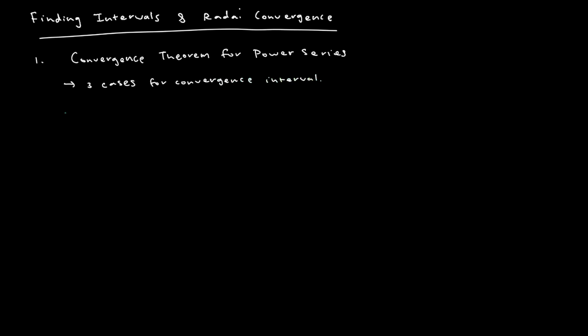The first case is we converge on some interval where the absolute value of x minus a is less than r, and the endpoints, where the absolute value of x minus a is equal to r, may or may not converge.